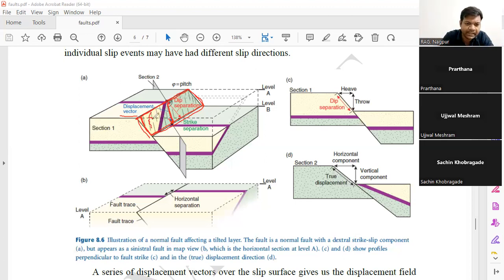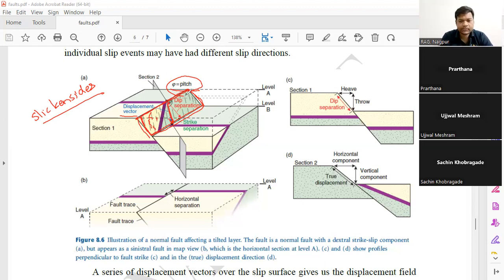They will have friction, and due to this friction the striations will be formed, and these striations will be called slickensides. Now, the angle between the striations or slickensides with respect to horizontal will be your pitch, or rake.